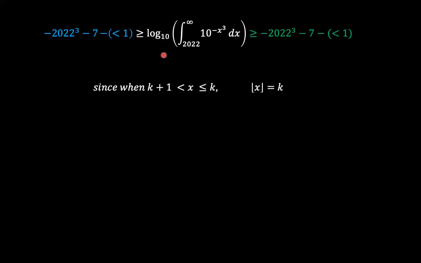So here, as you can see, since the log 10 of this integral lies between negative 2022 cubed minus 8 and minus 7, the lower integer is therefore, since we're on the negative side, the lower value is the higher negative absolute value.